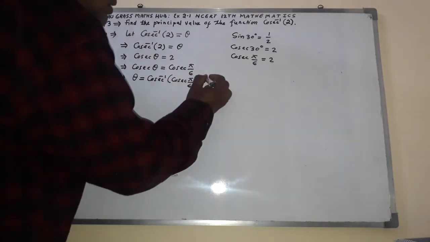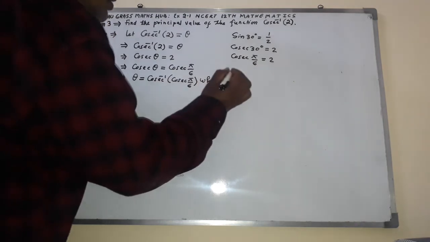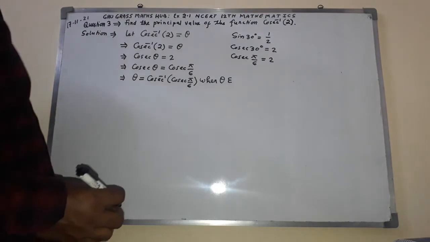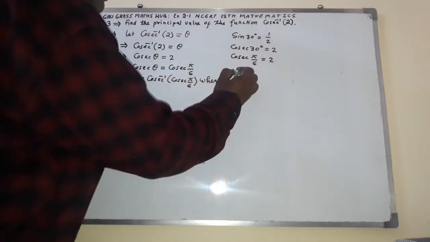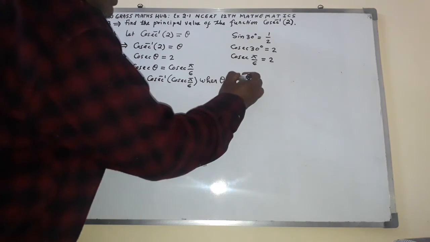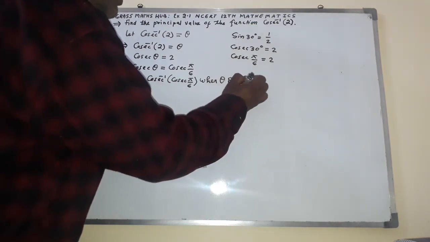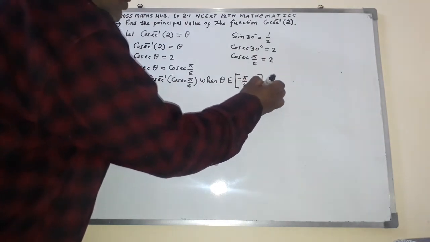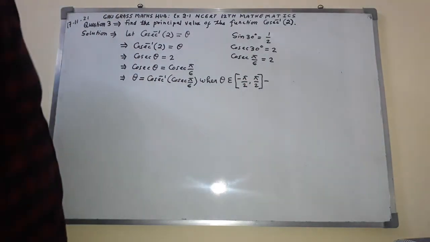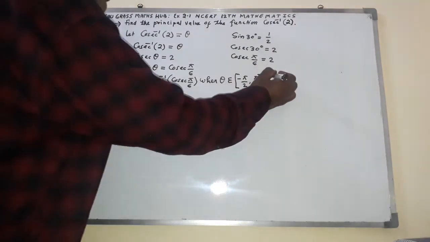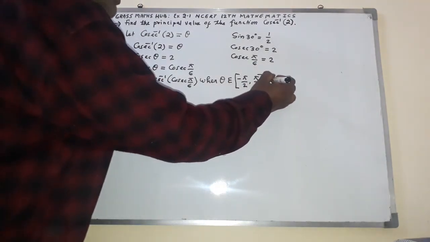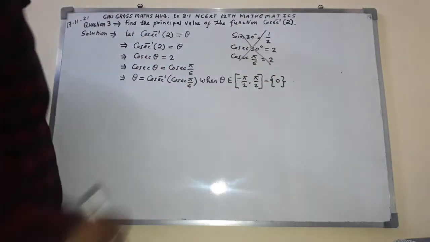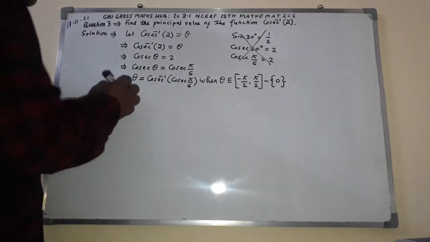When theta belongs to the closed interval minus pi by 2 comma pi by 2, minus the set containing 0.